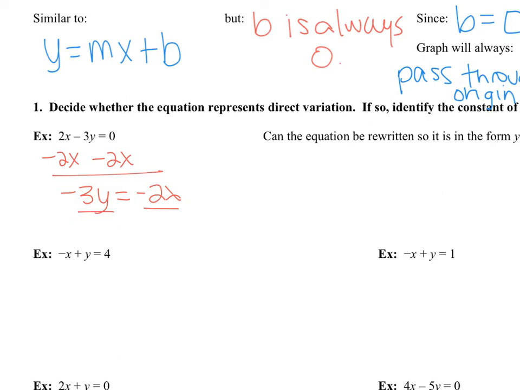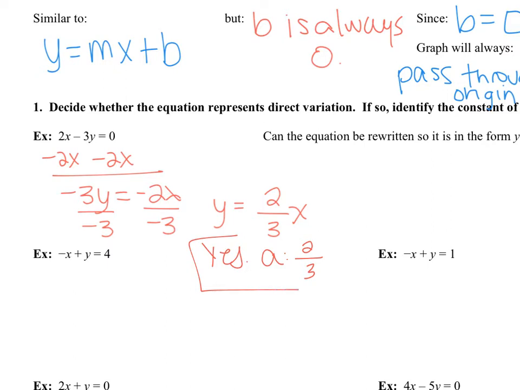Then I would divide both sides by negative 3, which would give me y equals positive 2/3 x, because remember, two negatives make a positive. So if I'm looking at this equation to see if it's direct variation, I want to see: is b 0? And the answer is yes, b is 0. So yes, it's direct variation, which means I have a constant of variation, or an a. In this case, a is 2/3.